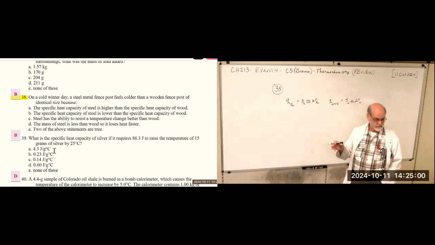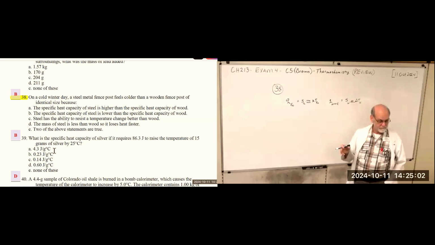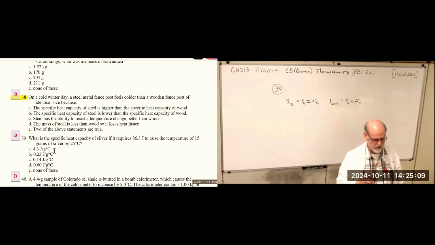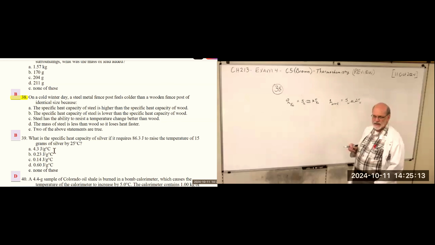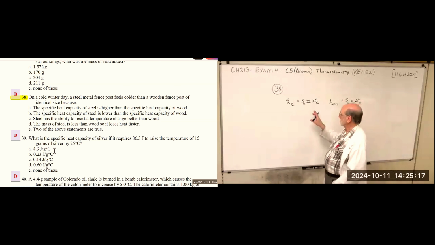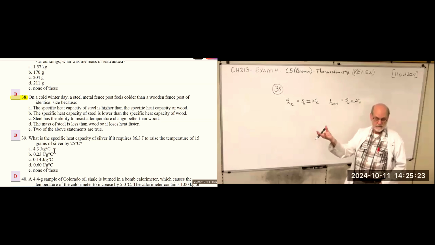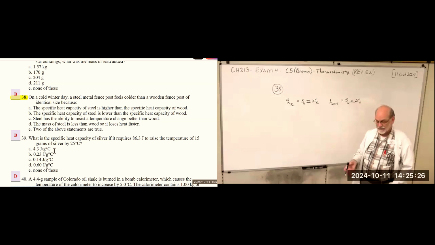Because there's a greater difference in temperature. Well, actually, the temperature is a sensation in your skin when you touch it. So that would mean that more heat would have to be transferred from your skin, and they have to be at the same temperature because they're sitting there in the cold, right?